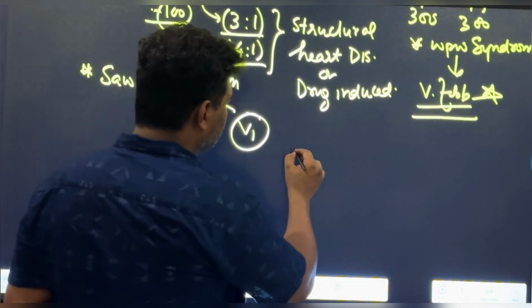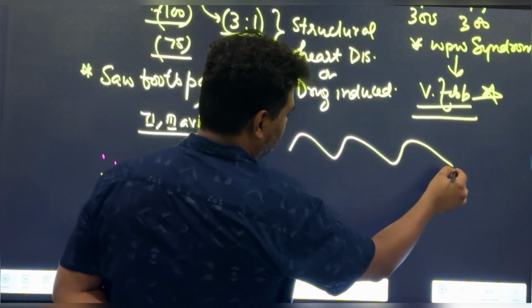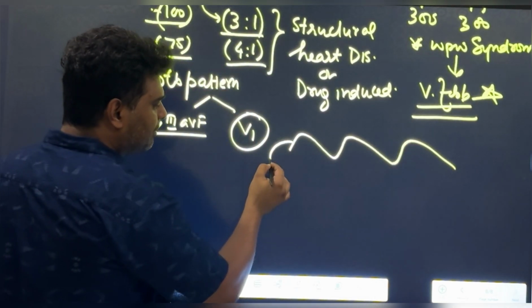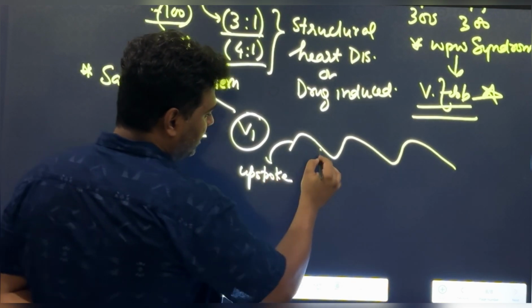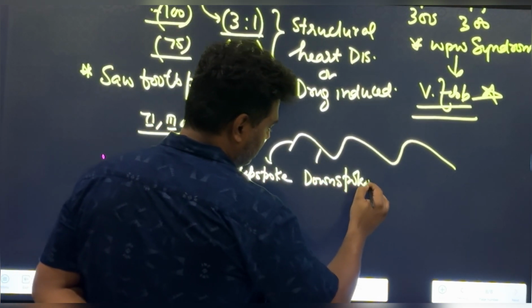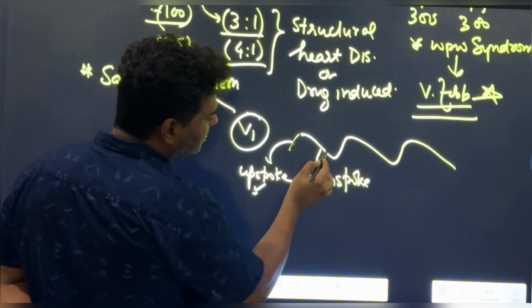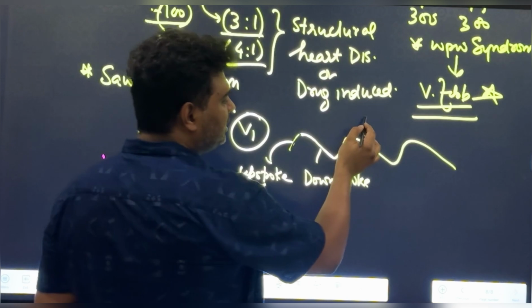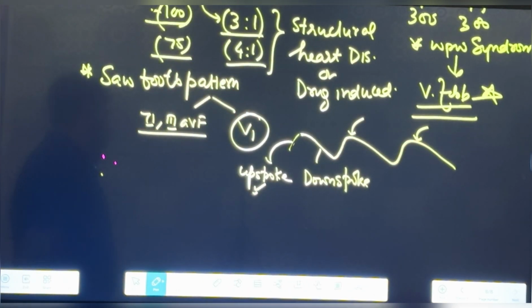What is sawtooth? There is an upstroke and there is a downstroke. The upstroke is more acute and the downstroke is less acute, and they are not pointed. So this is the sawtooth pattern.